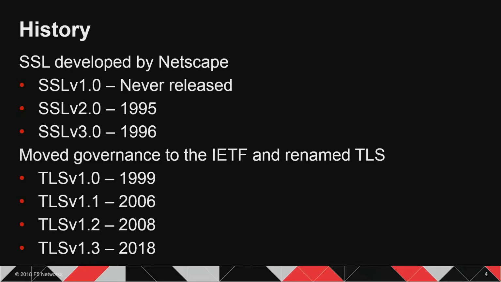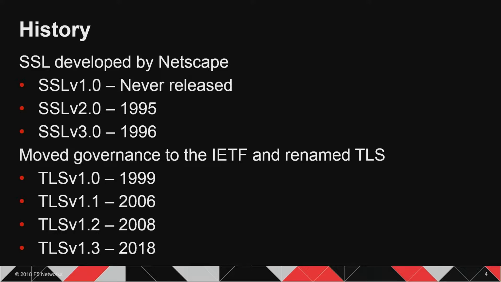People realized, Netscape included, that if this is going to be a building block for the internet going forward, having a single corporate entity control the standard probably wasn't going to fly. And so it was moved over to the IETF as an RFC, as most internet standards come from. That would happen in 1999, and TLS 1.0 was published.